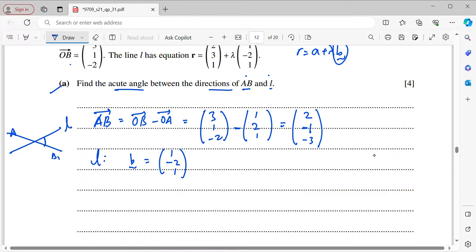Then you have to refer to the vector b, the direction vector from the line, and also vector AB. Then this will be my angle. Alright, so let theta be the angle between AB and L.